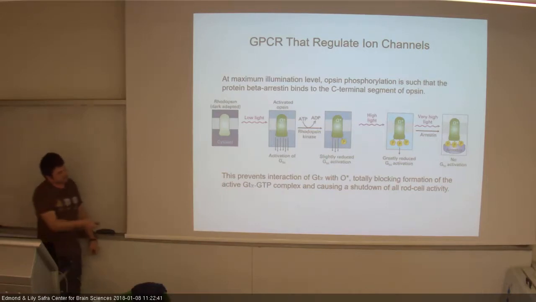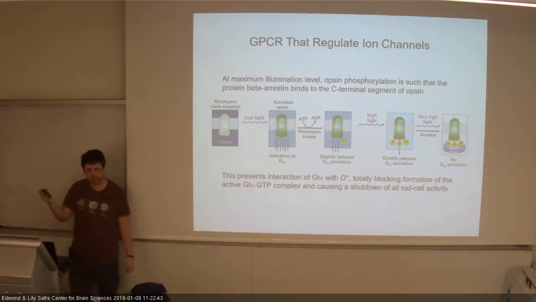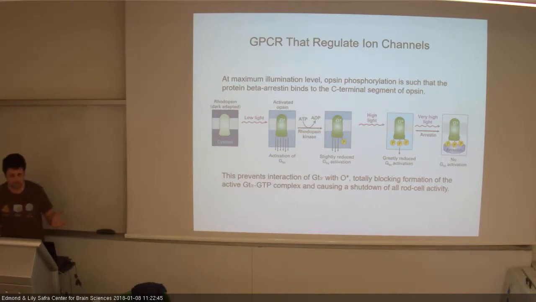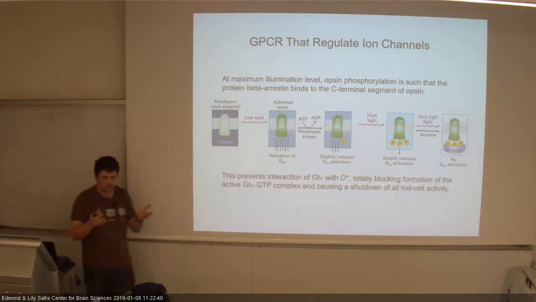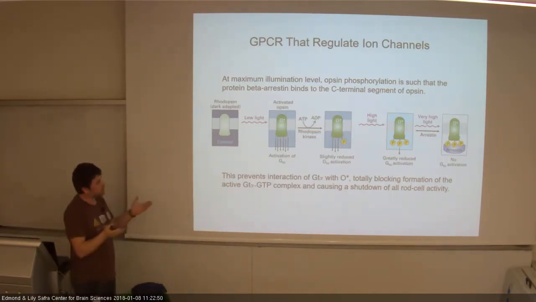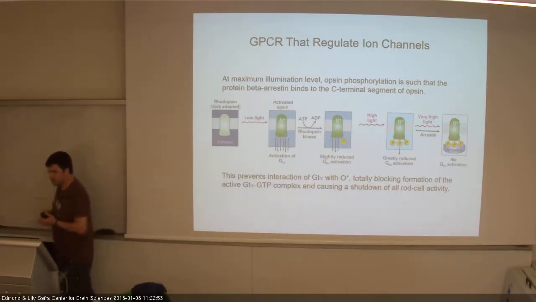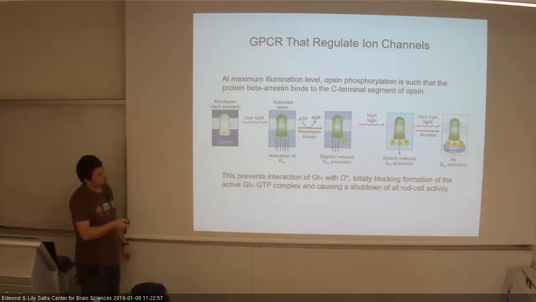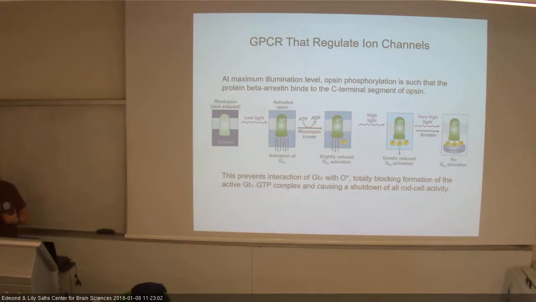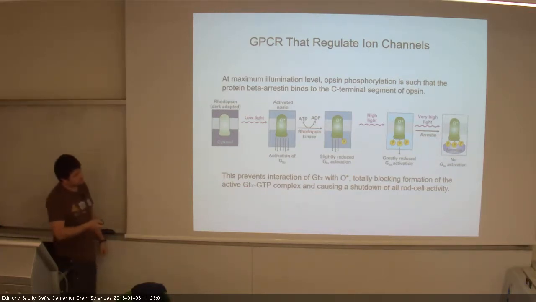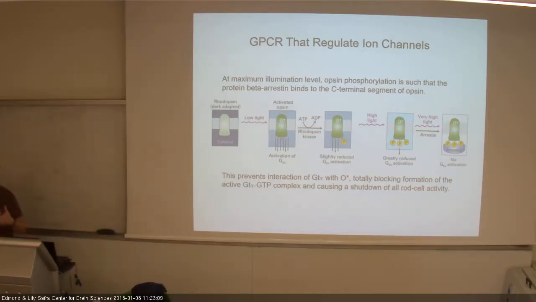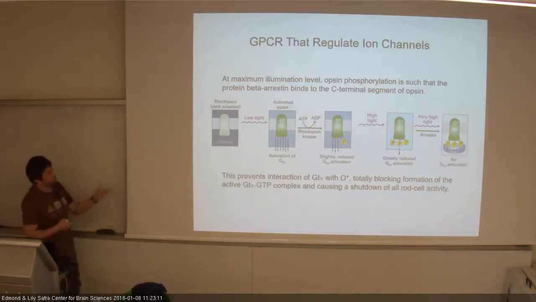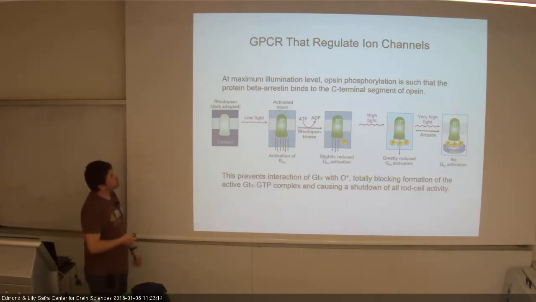This normally happens under full light conditions, and your rod cells become completely irrelevant, and you rely entirely on color vision, for example. In this case, I don't think there is the following endocytosis, and the long-term effects don't happen here, because otherwise we would have a very hard time adapting to different lighting conditions, obviously.